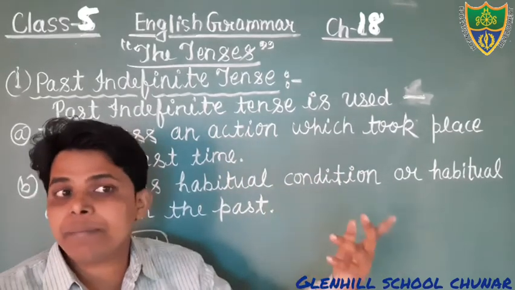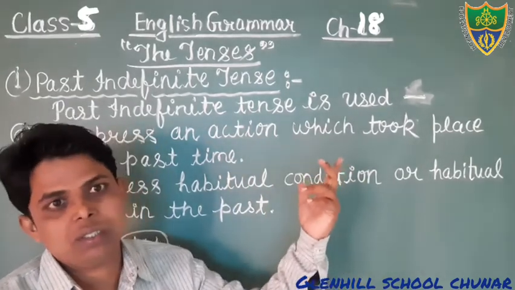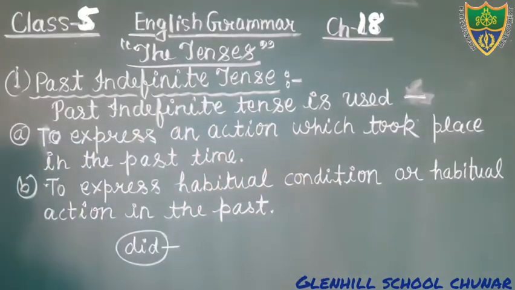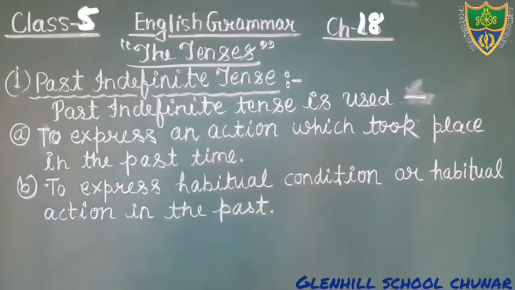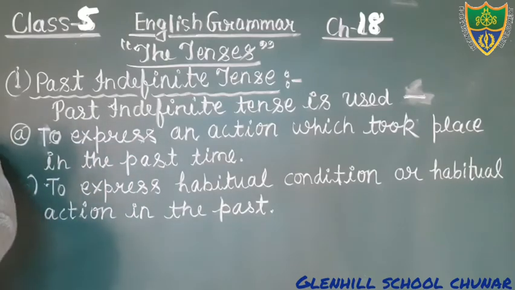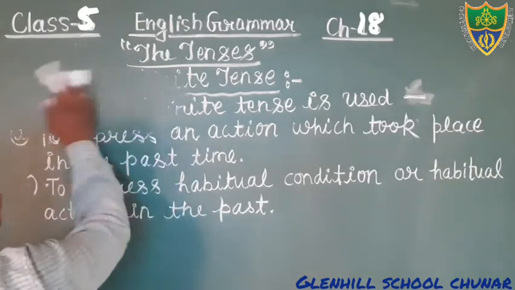Now we will discuss the formation of past indefinite tense. How do we form sentences in past indefinite tense? First of all you will write it in your notebook, or you may also take a screenshot for writing later in your notebook. I hope that you all have written.